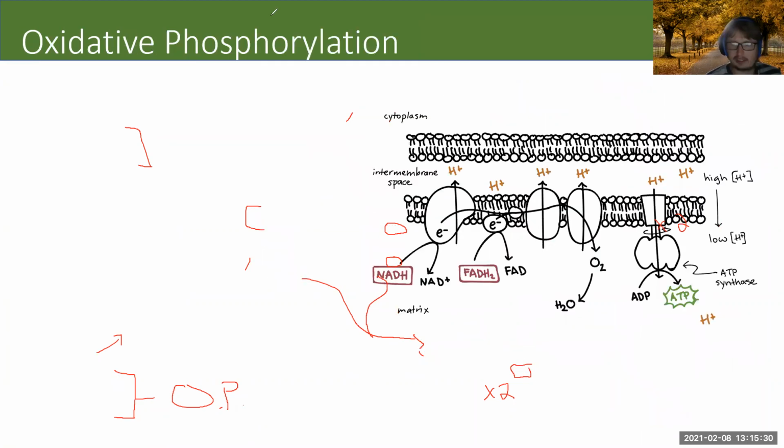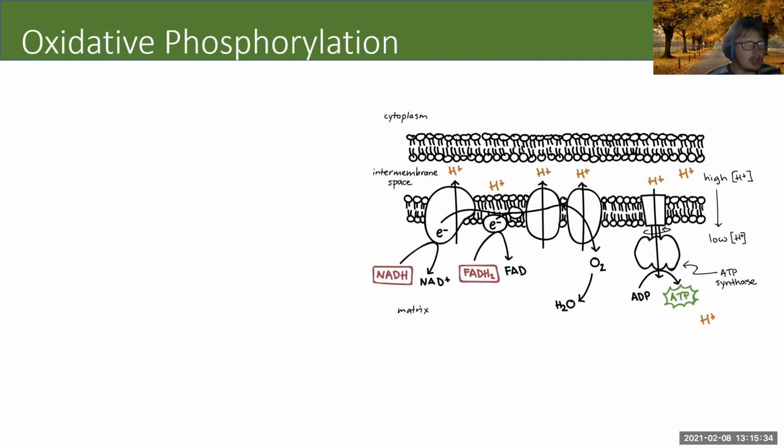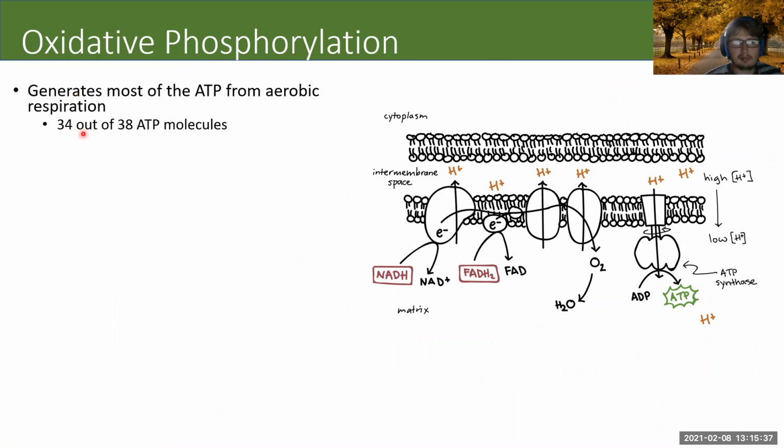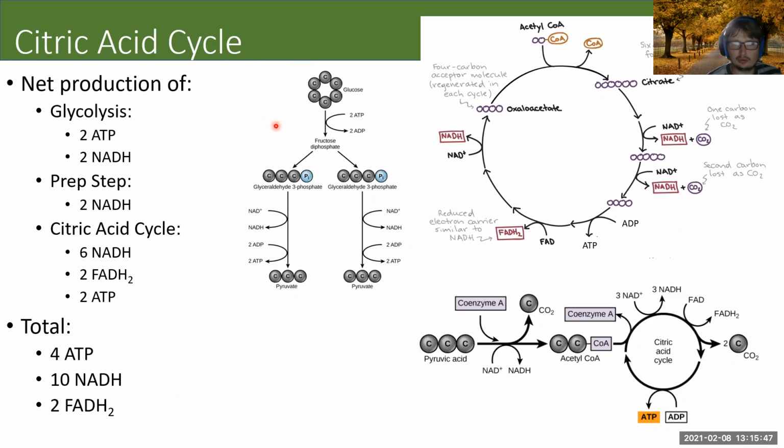Let me get all these drawings out. All right. So this step generates most of the ATP that we get from respiration. So remember, we have used 2 ATP molecules here.